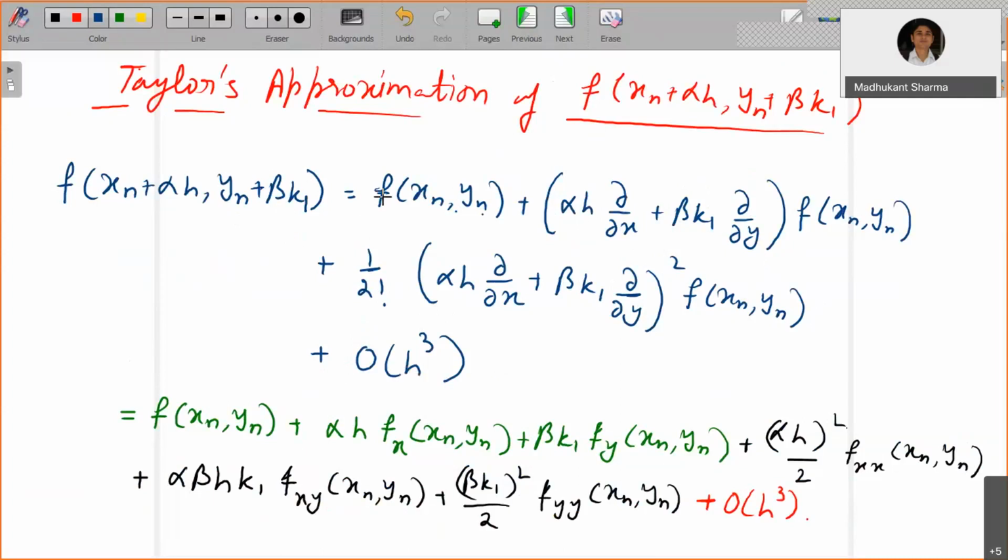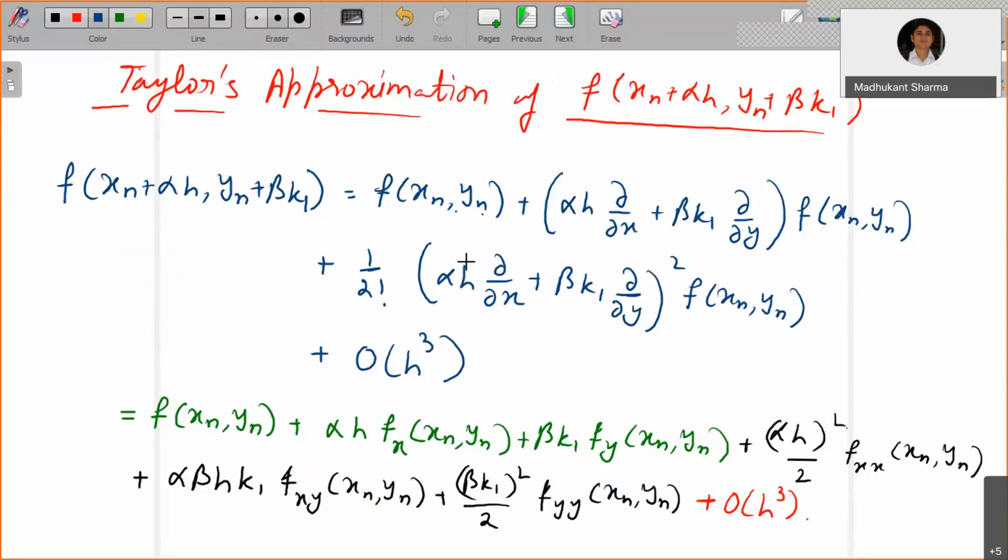Now if you expand this, the first term stays as it is. The second term is alpha h times ∂/∂x at xn comma yn, so fx at xn comma yn, plus beta k1 times fy at xn comma yn. Substitute carefully. What is (a plus b) whole square? Note that alpha h and beta k1 are treated as constants.